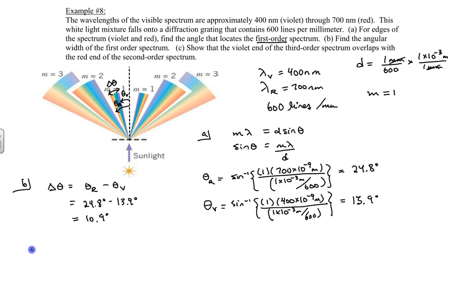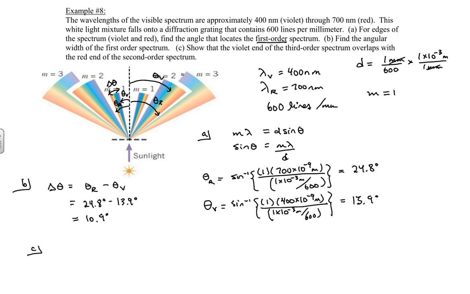Last part, part C, is asking you to show that the violet third order overlaps with the second order of the red. So if you were to look at theta here for red, and then if you were to look at theta for violet, there's an overlap between this. And so you could see that actually these two colors will all mix together.